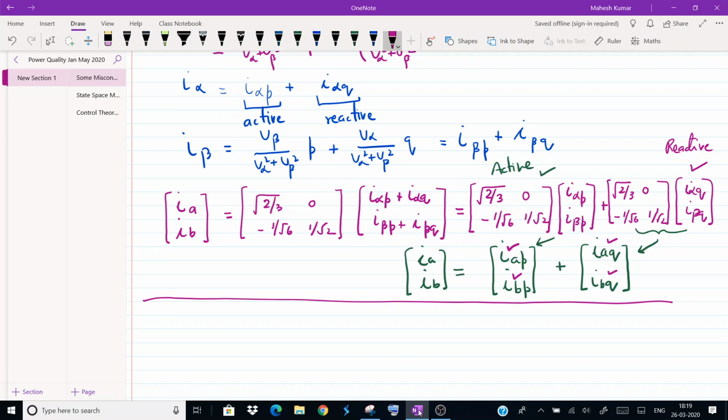Maybe I will continue to the next lecture, where I will demonstrate, for a three-phase unbalanced system, how these components are computed and explained in terms of the system behavior.